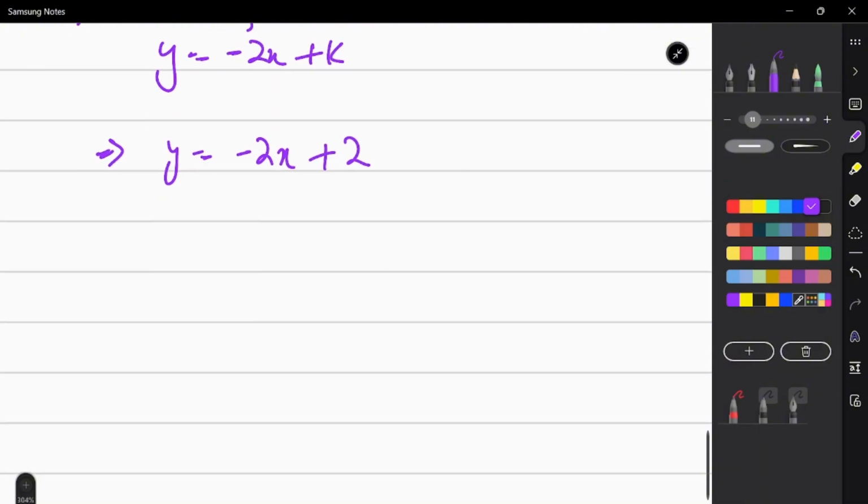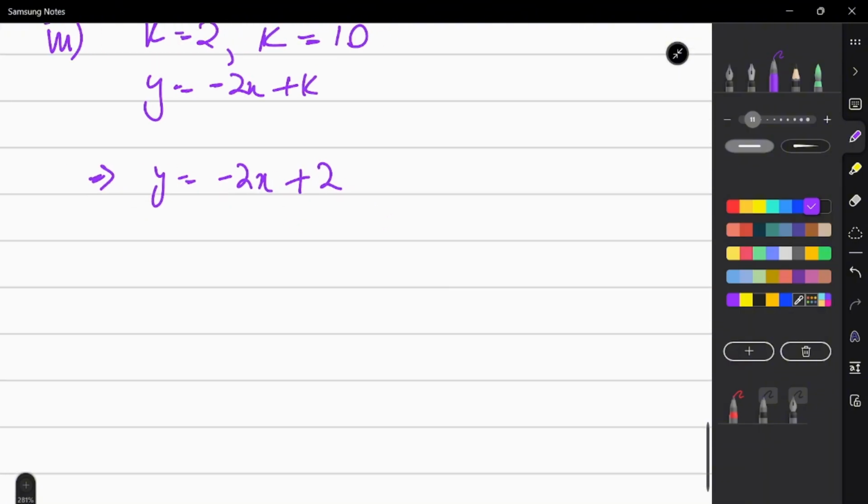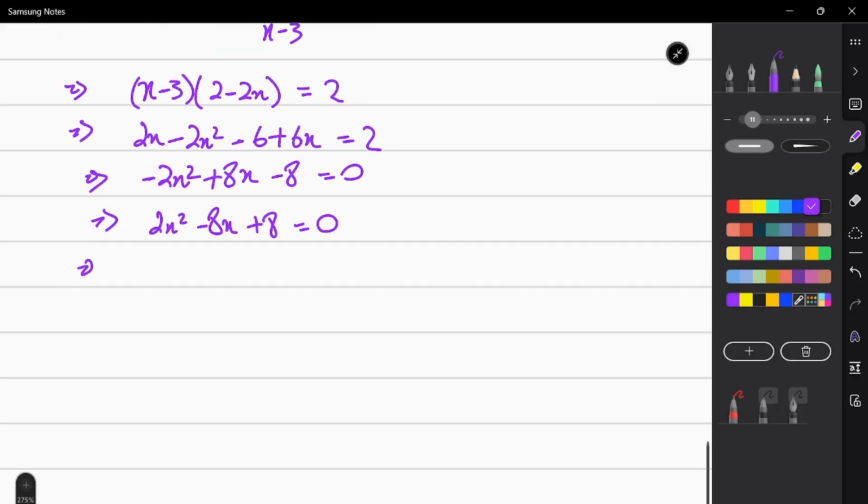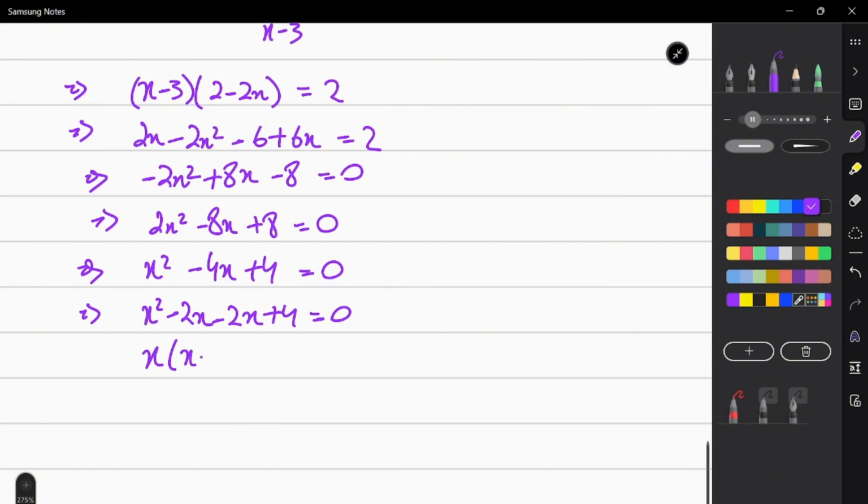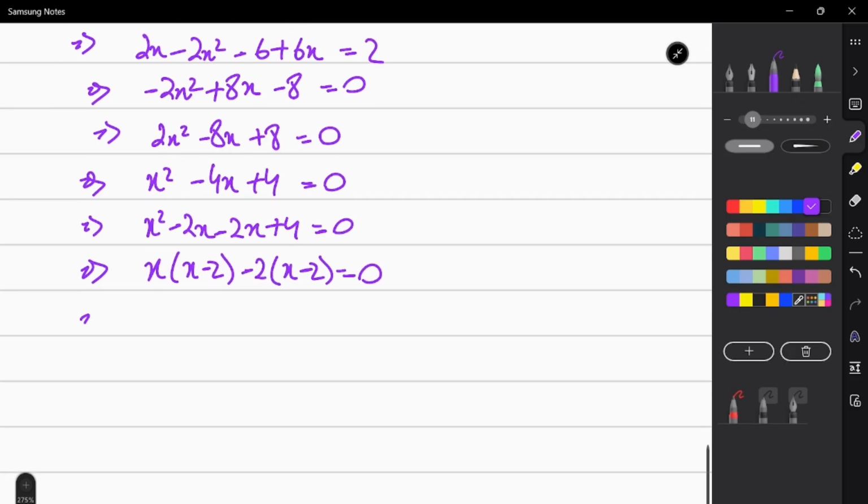Okay, let's solve for k is equal to 2 first. So simplifying this would give me this, and factorizing this would also give me this. We have once again two equal real roots over here.